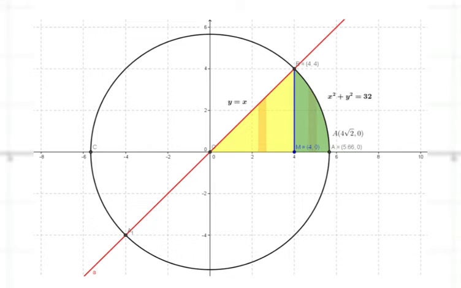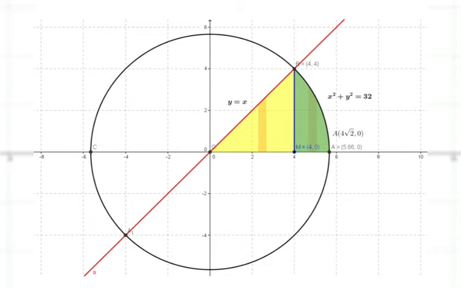Now, therefore, we can say x squared plus x squared is equal to 32. On solving that equation, you will find that x is equal to 4.